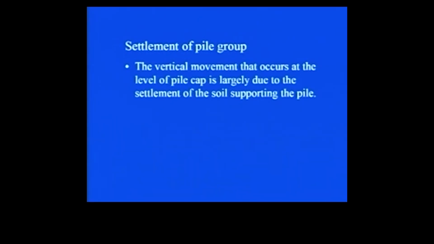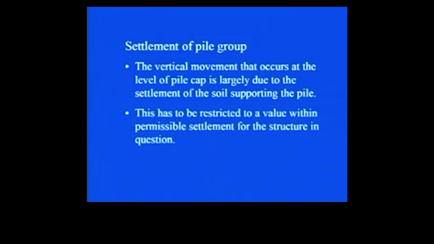The vertical movement that occurs at the level of the pile cap is largely due to the settlement of the soil supporting the pile. You see here, the vertical movement is occurring throughout the length of the pile, starting from the pile cap till the base of the pile, that is the pile tip. At the top it is mainly due to the settlement of the soil surrounding the pile.